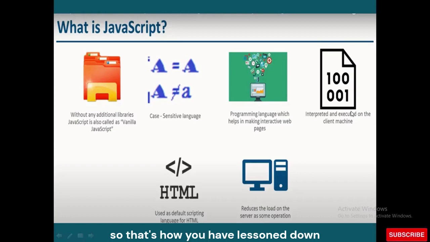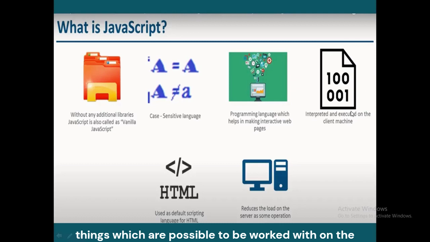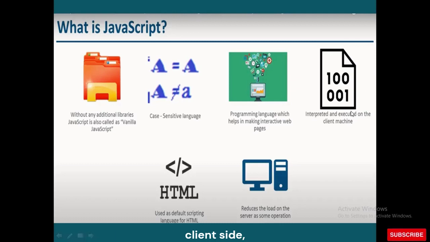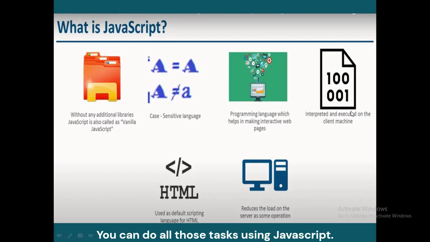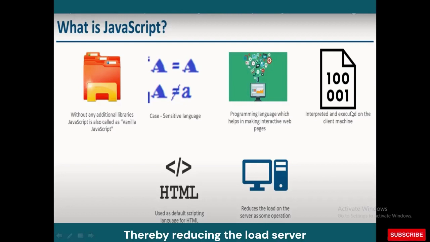That's how you lessen the burden. Since JavaScript is rich in operators and loops, we can do all those tasks on the client side, thereby reducing the load on the server.